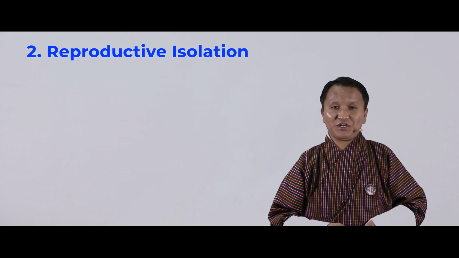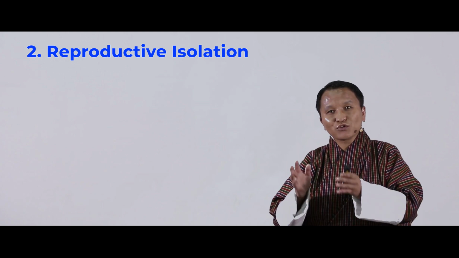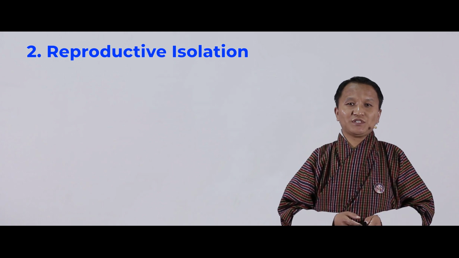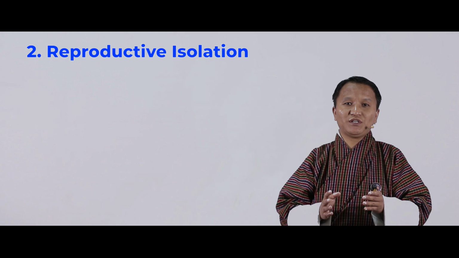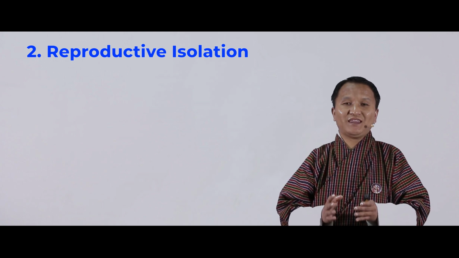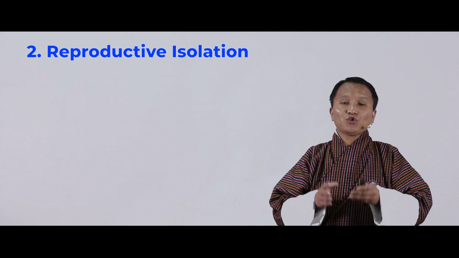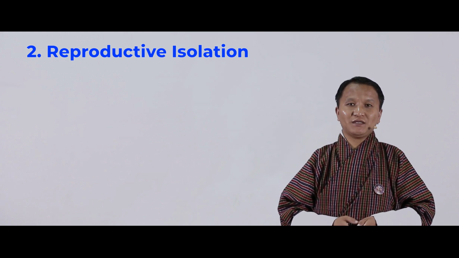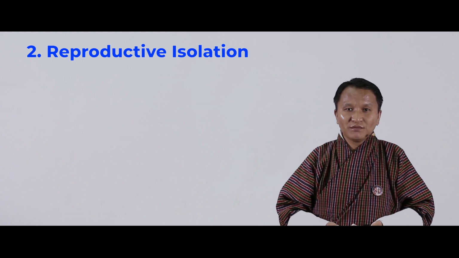Number two, we have reproductive isolation. You know the term reproductive, you also know the term isolation. Using these two terms, can you try to think what reproductive isolation is doing and how it results in speciation? Reproductive isolation does not let successful mating happen.